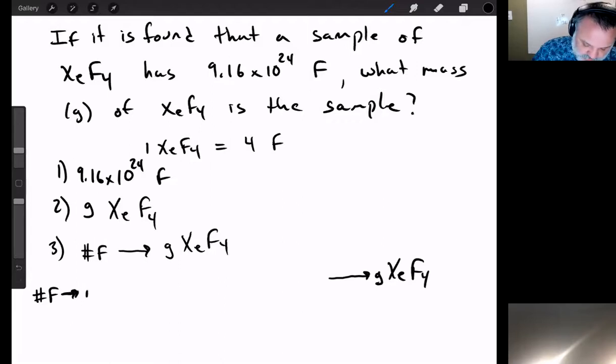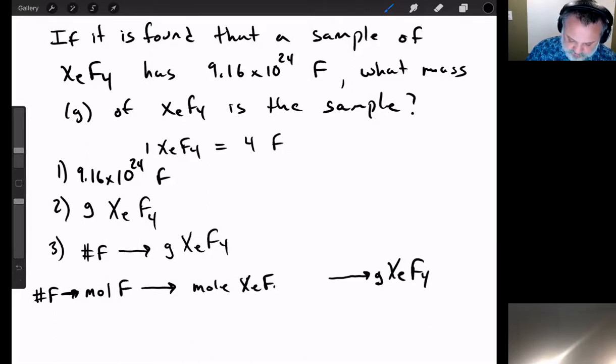Well, I know that I can go from number of fluorine atoms to moles of fluorine atoms. And once I have moles of fluorine atoms, I can go to moles of xenon tetrafluoride. And once I have moles of xenon tetrafluoride, I know how many grams I have.